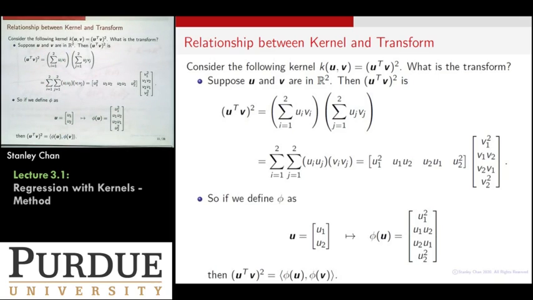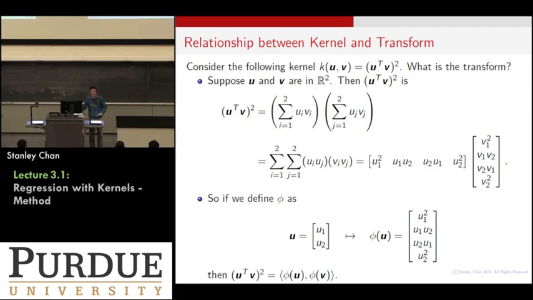This is just one of the many possible examples of constructing a kernel. Can this be useful? Let's work with them later. But this is one example showing that, given a kernel, it is possible to find a phi. Under certain conditions you can find that. It's not always possible, but in this case, it's possible.